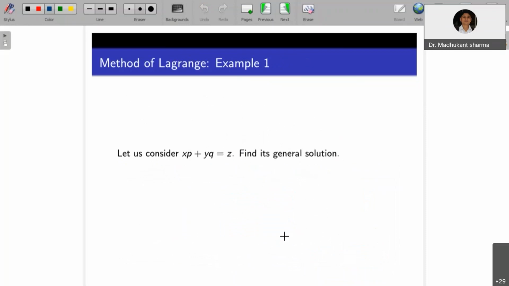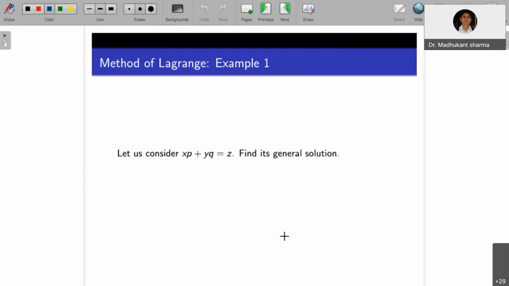So let us consider this problem, and we are interested in finding its general solution. We are going to use the method of Lagrange. There are other methods as well, such as Charpit's method, but we are not going through them right now. Maybe we will consider it later, during the tutorial.